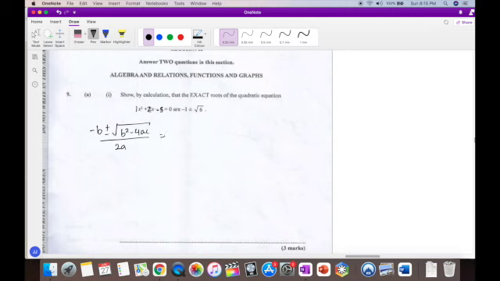So that implies that x equals minus b plus or minus the square root of b squared minus 4 into a into c, all over 2 into a.